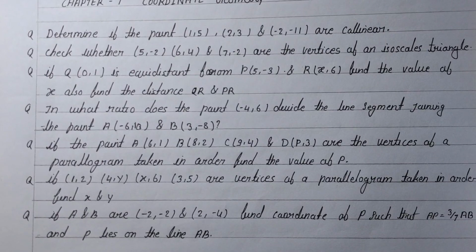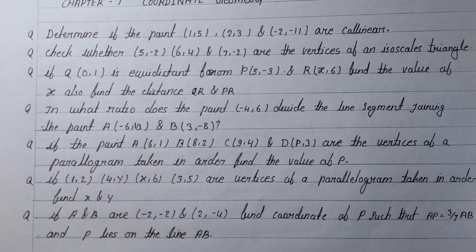Next, if the points A (6, 1), B (8, 2), C (9, 4) and D (p, 3) are the vertices of a parallelogram taken in order, find the value of p. Next, if (1, 2), (4, y), (x, 6) and (3, 5) are vertices of a parallelogram taken in order, find x and y.